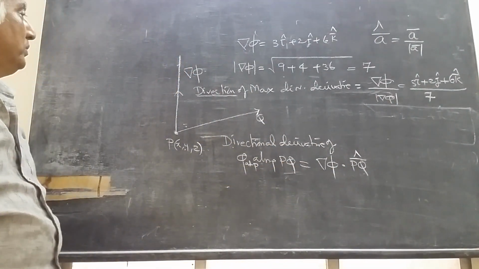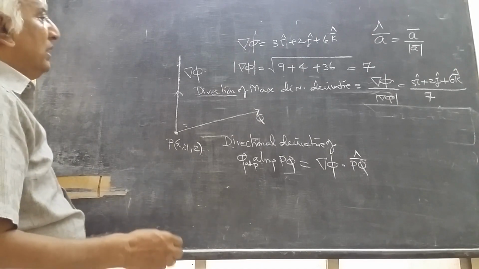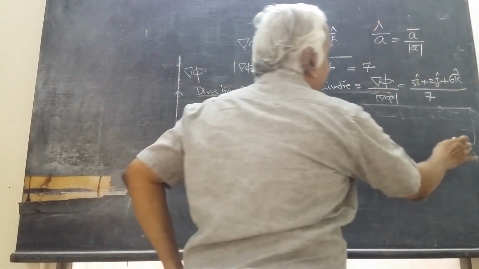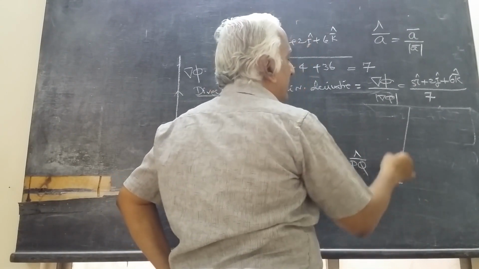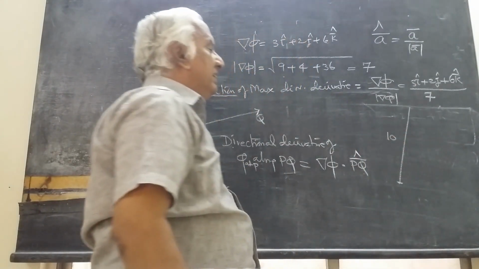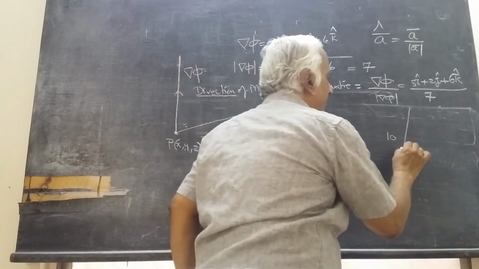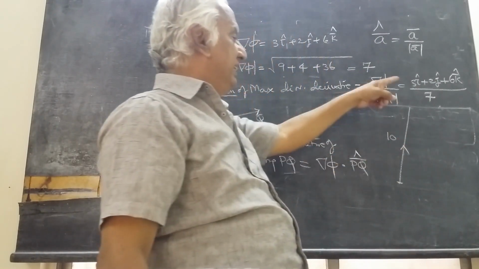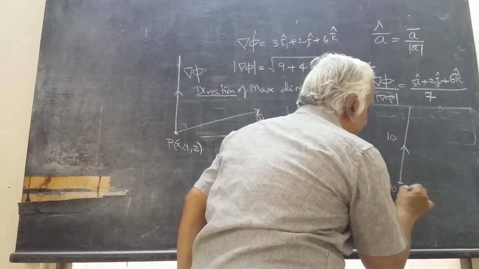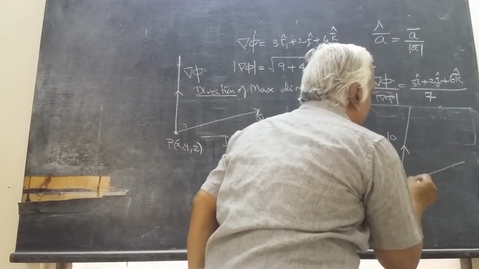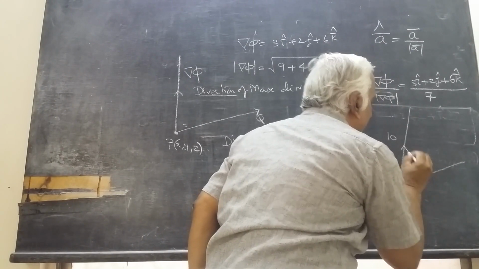If you see this in physics, as you would have studied, there is a force of 10 kg acting in this direction. What is the change in the direction making an angle theta?